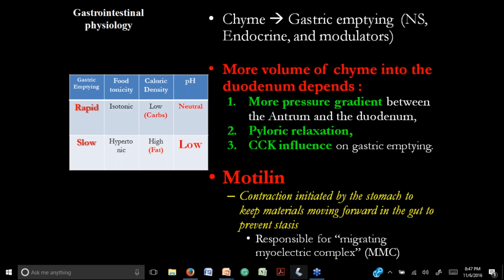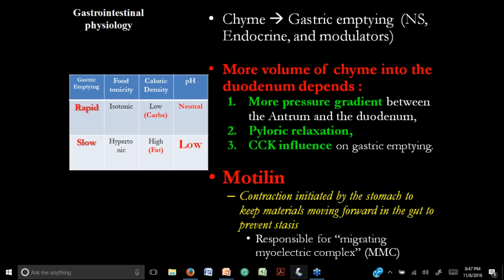Pyloric relaxation and the cholecystokinin influence the gastric emptying. They affect the contractility of the stomach, and that is going to produce the evacuation of the food into the duodenum.